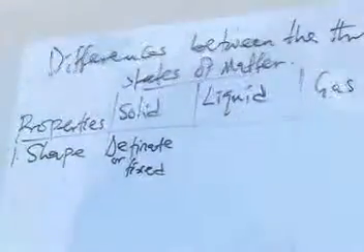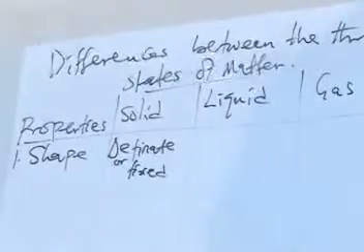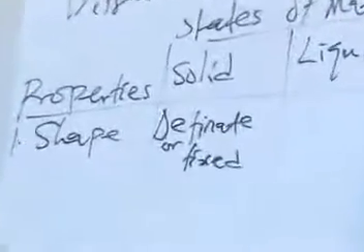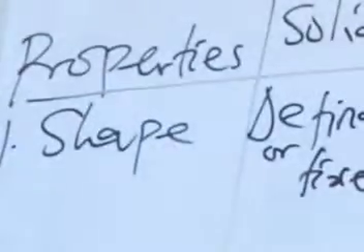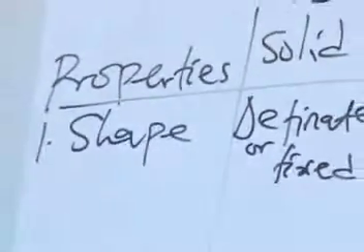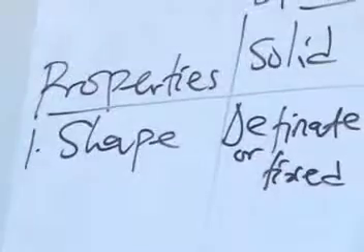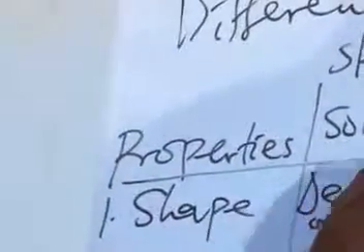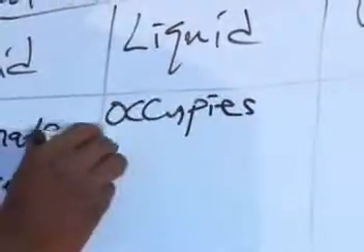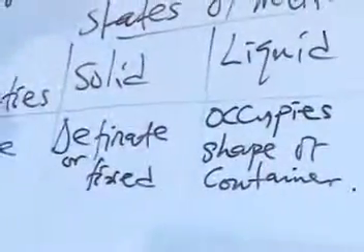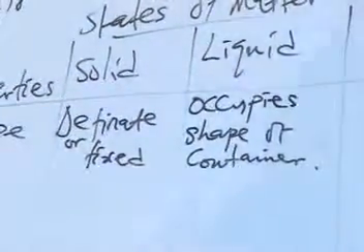That is, solid substances have definite or fixed shapes. The shape we are talking about can be cuboid, cylindrical, or spherical, as you have learned in your mathematics. But liquids occupy the shape of the container. That means liquids do not have shapes of their own.